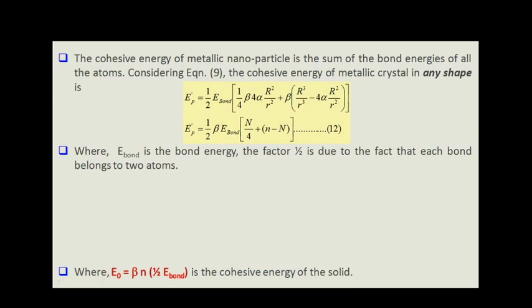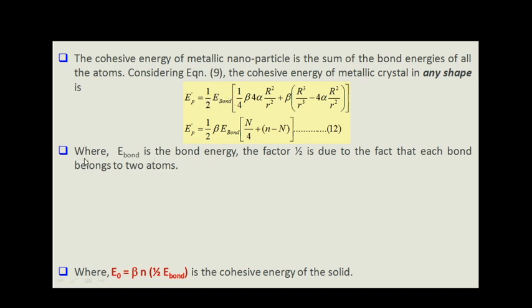Okay, so in this case what we have seen, the cohesive energy of a metallic nanoparticle is the sum of the bond energy, and therefore now I am putting 1/2 into E bond, that is the bond energy, and the bond energy is multiplied by a 1/2 factor.